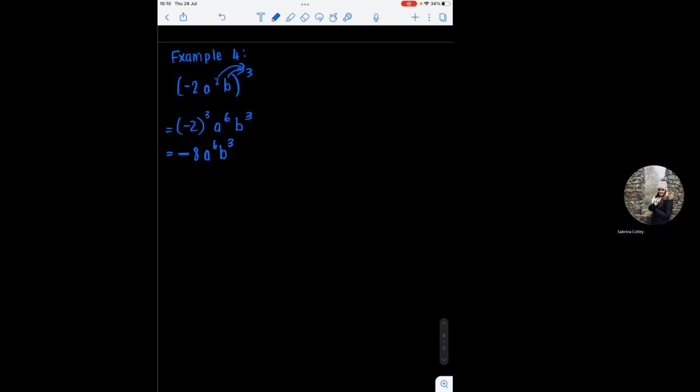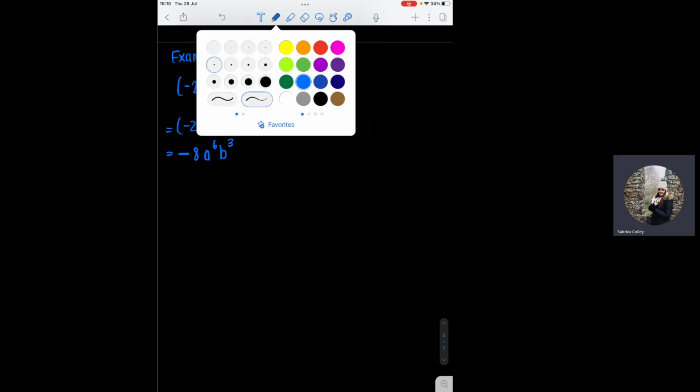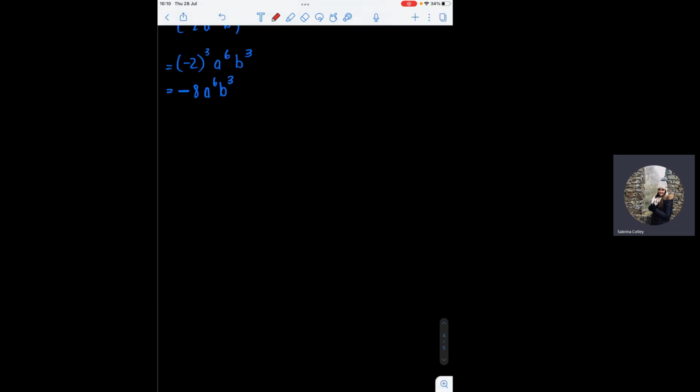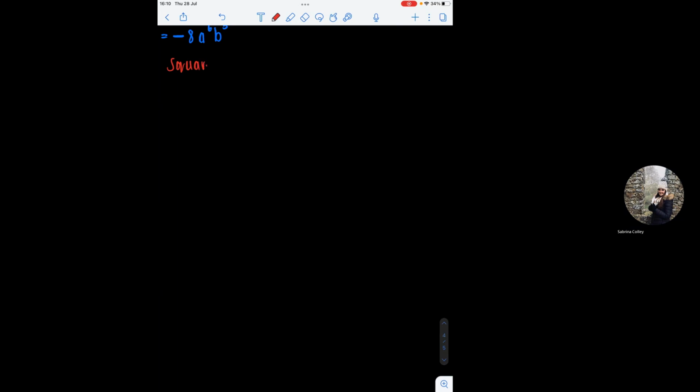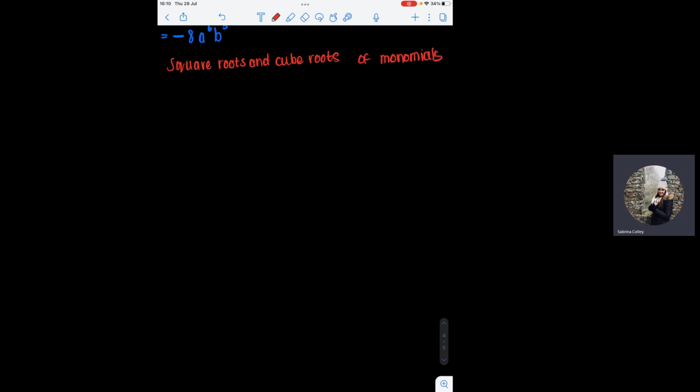Okay, let's look at roots. So we've done powers, I want to have a look at roots. This is square roots and cube roots of monomials.